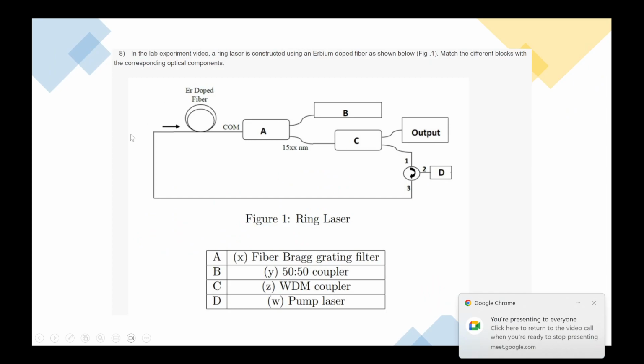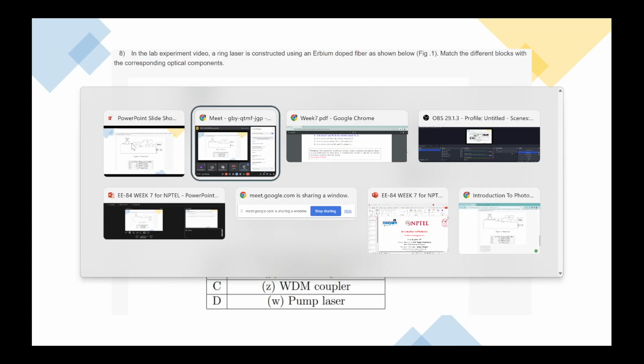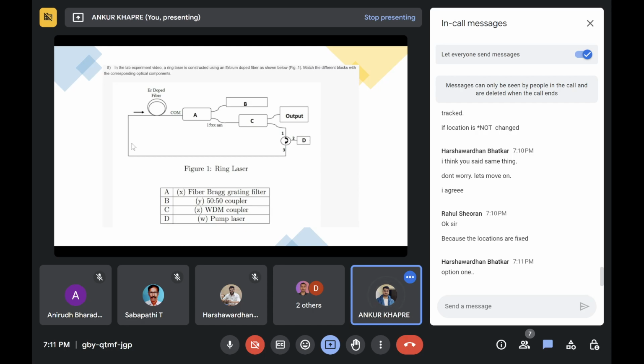So question number 8. It's written that in the lab experiment video, a ring laser is constructed using an erbium doped fiber as shown below in figure 1. Match the different blocks with the corresponding optical components.